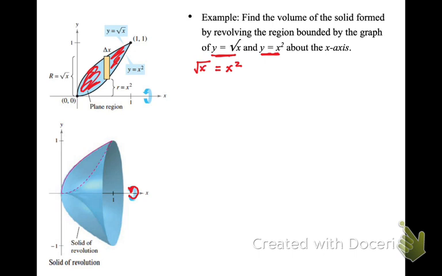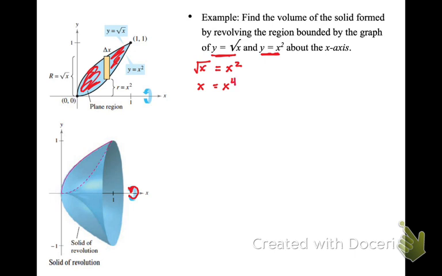This looks really weird, I'm trying to think how I'd make this easier. Could I square both sides? If I square both sides, I would have x equals x to the fourth.